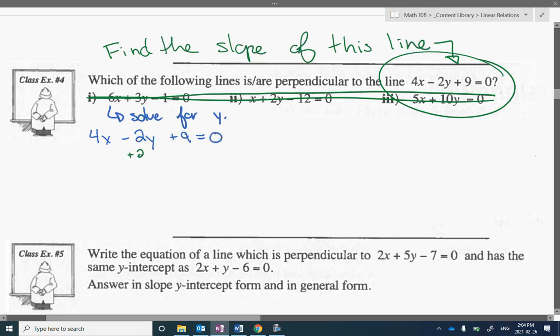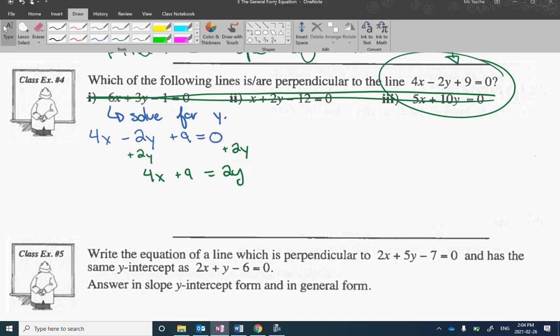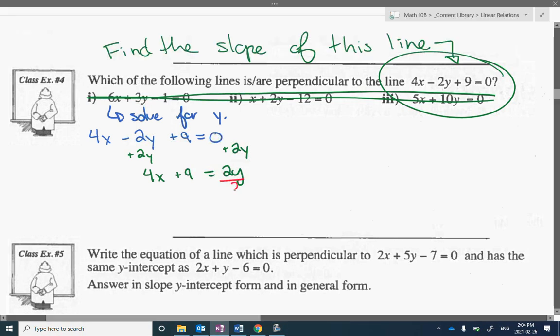So we add 2y to both sides. Again, you could do slight different variations of this process. As long as you're doing the correct algebra, you should be fine.